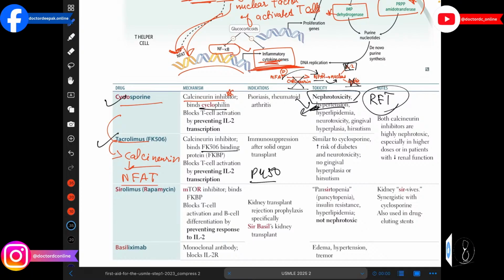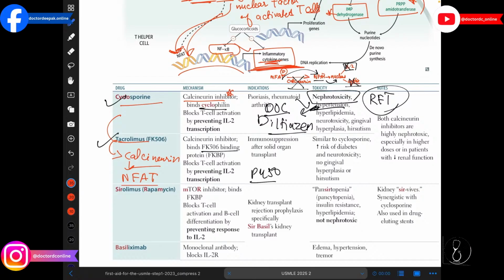It also impairs cyclosporine metabolism and increases the drug levels, so to treat the hypertension we allow a lower dose of cyclosporine to be used in that patient.